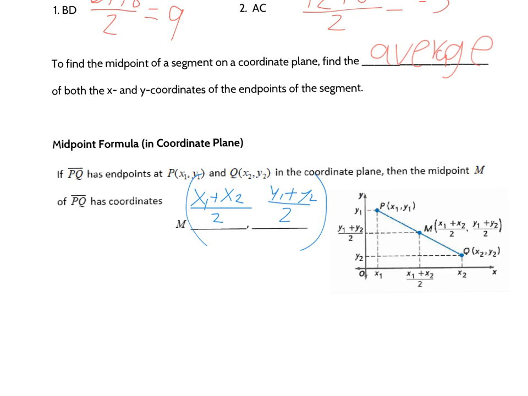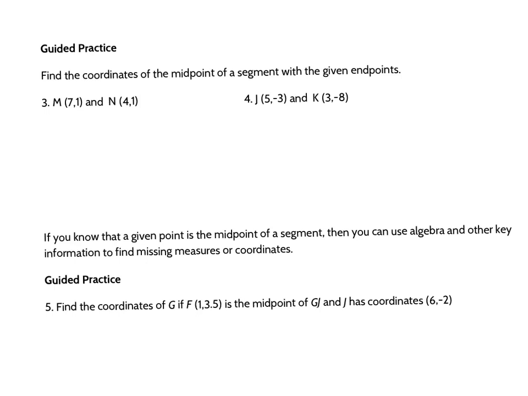So now let's go into some guided practice. All right, we want to find, folks, the coordinates of the midpoint of a segment with the given endpoints. M at 7, 1 and N at 4, 2. Well, I'm going to designate this as my first point, and this is my second point.